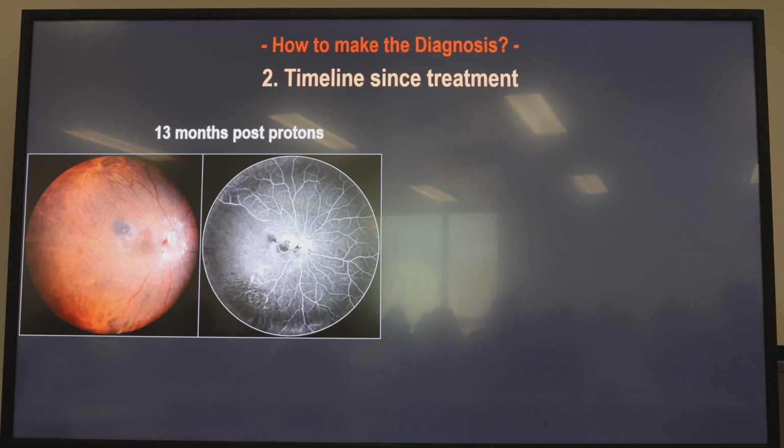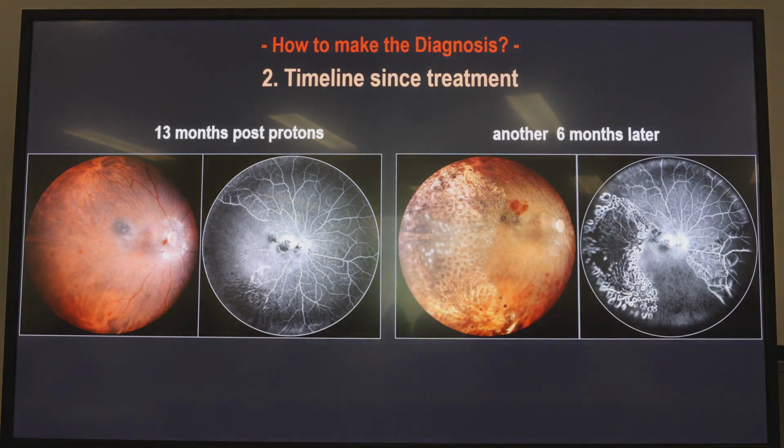But in this case, what you see, there is a radiation-induced optic neuropathy, and the optic disc in this case probably has had the full dose at the site of the melanoma and a partial dose at the other site. And so that means that 6 months later, when we had treated this ischemic part with PRP, and you see aggressive PRP, then all of a sudden this part of the disc says, I've been irradiated as well, and then this vessel got blocked.